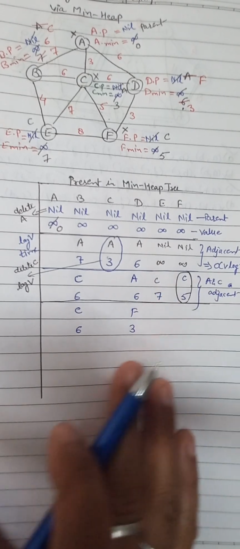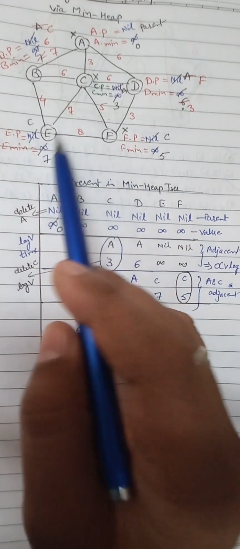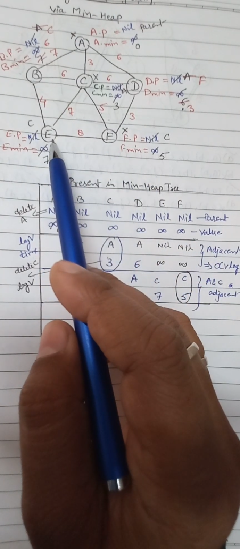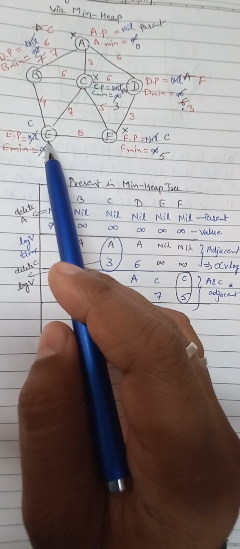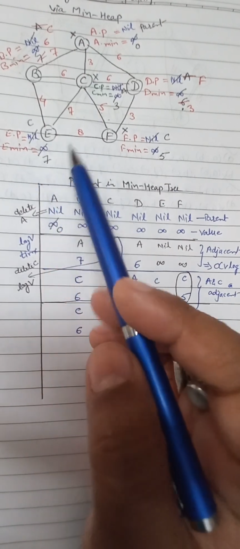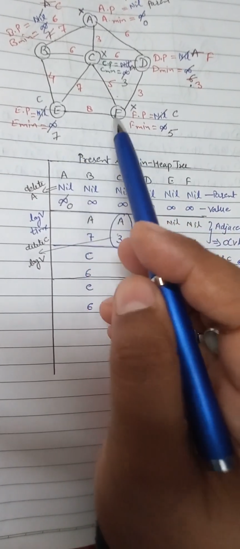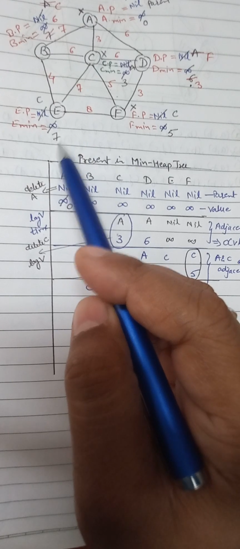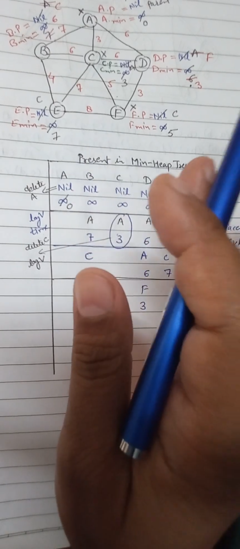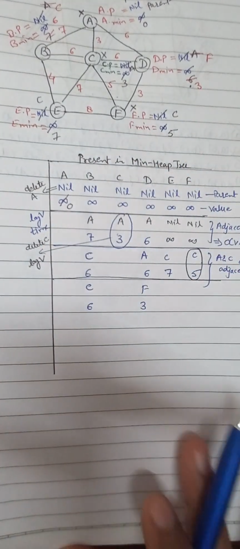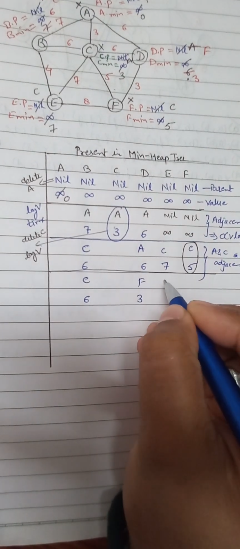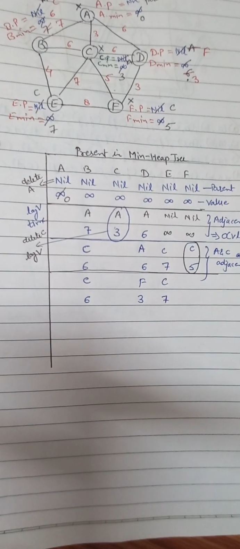If we change E, the value will become more, so we are not going to change it. We change the value on the parent only when the value is less. But if we change here, instead of 7 it will be 8. So we are not changing it, it will remain the same. So we are writing the same thing here, C and 7.